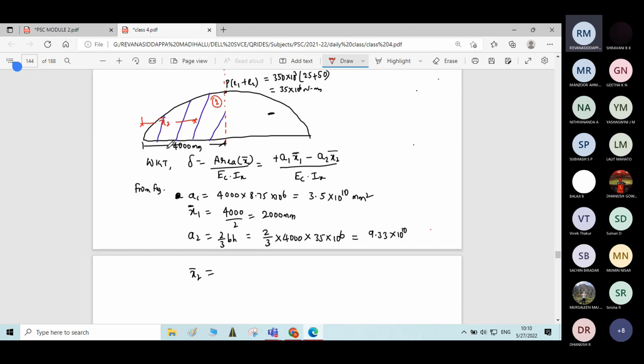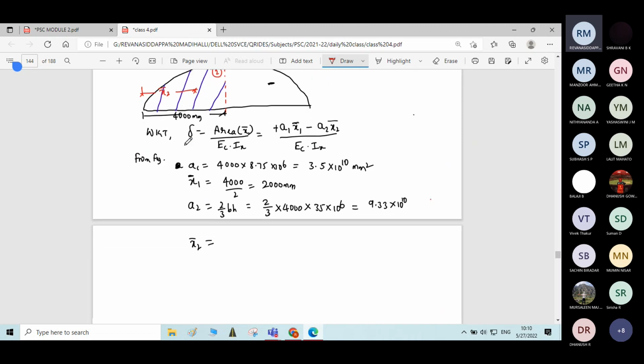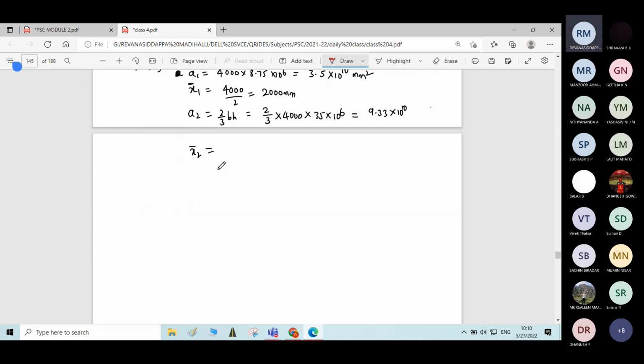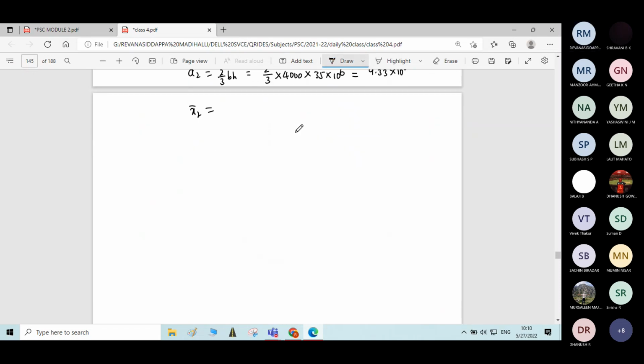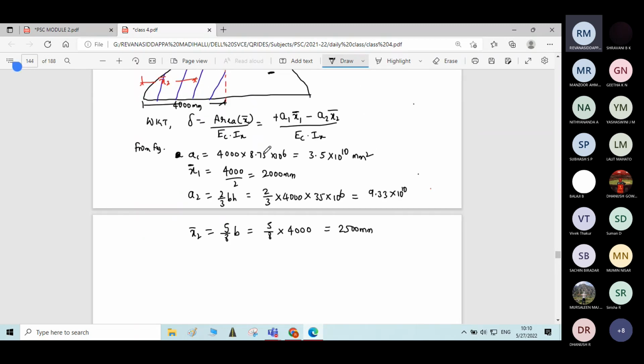For parabola it is 5 by 8 of B, 5 by 8 of base width. Therefore 5 by 8 of base width, which is 4000, you will get the answer as 2500 mm.